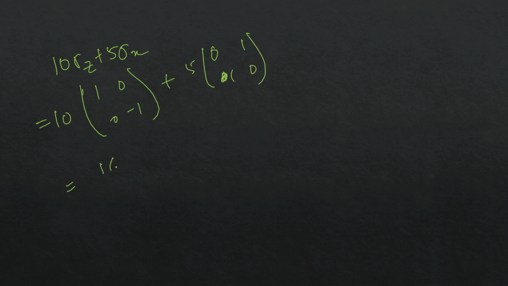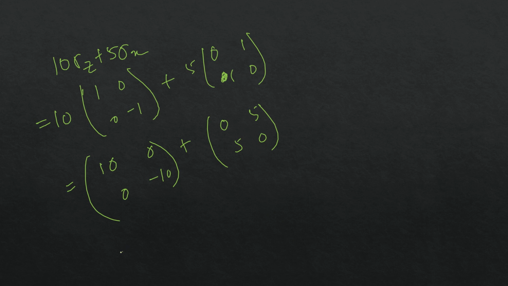So this becomes (10, 0; 0, -10) plus (0, 5; 5, 0). This one is (10, 5; 5, -10). Okay, (10, 5; 5, -10).